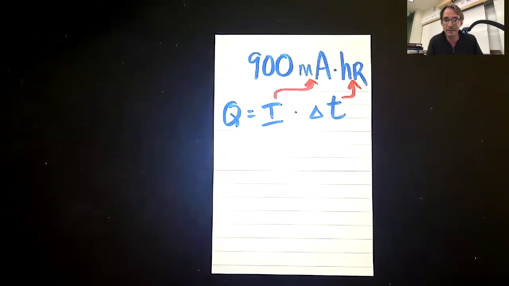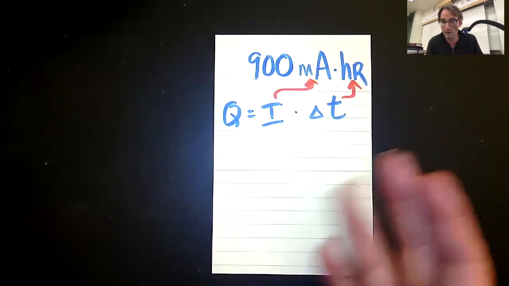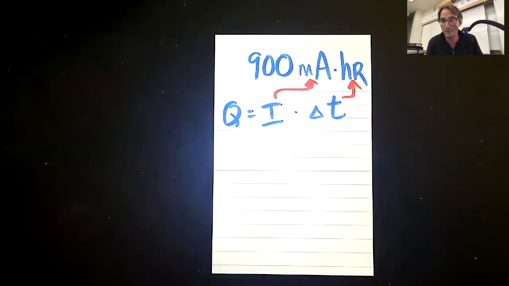The idea would be that, for example, if you had a battery that had a capacity of 900 milliampere hours, what that means is that your battery can power a circuit if it were drawing 900 milliamps for 1 hour. Okay.